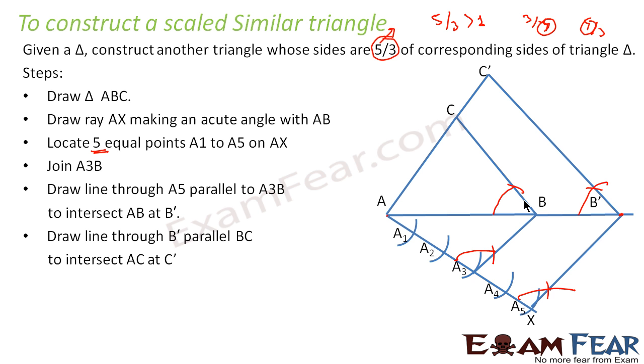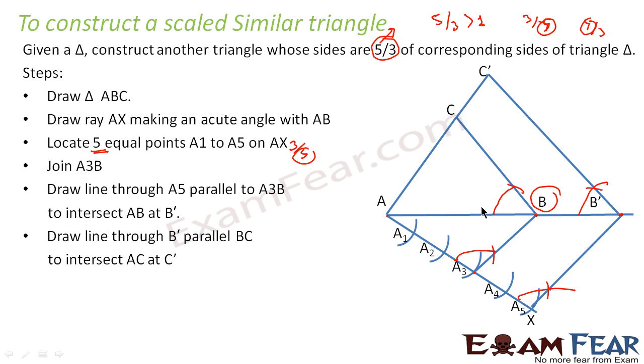Here you should notice that since it is 5/3, the new triangle will be bigger. To join B, the original point, I took 3 units. In the earlier case it was 3/4, so to join B I took 4 units.